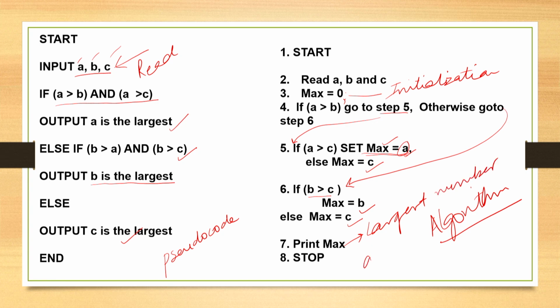It may be either A or B or C depending upon the values that have been assigned to A, B and C. So, this is the pseudocode and this is the algorithm for finding the largest among three numbers.